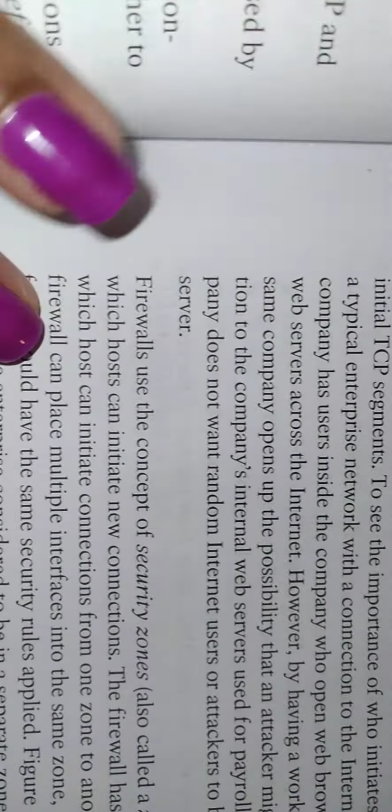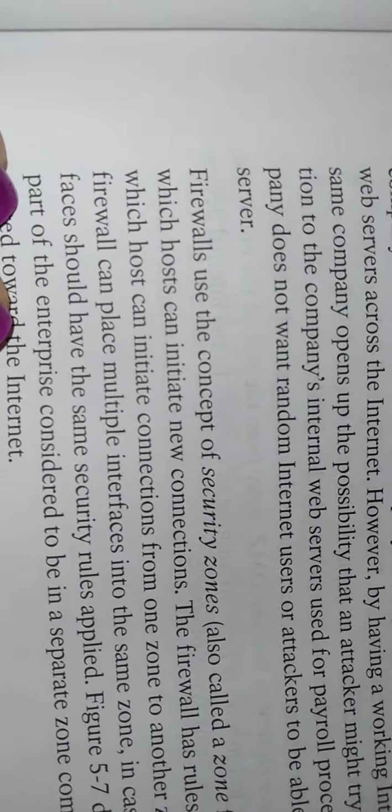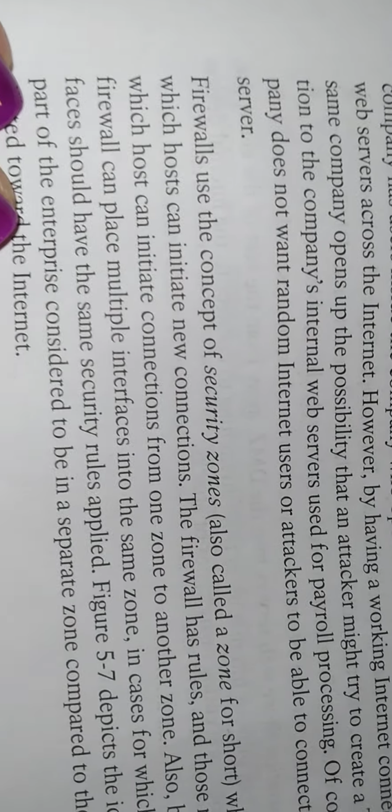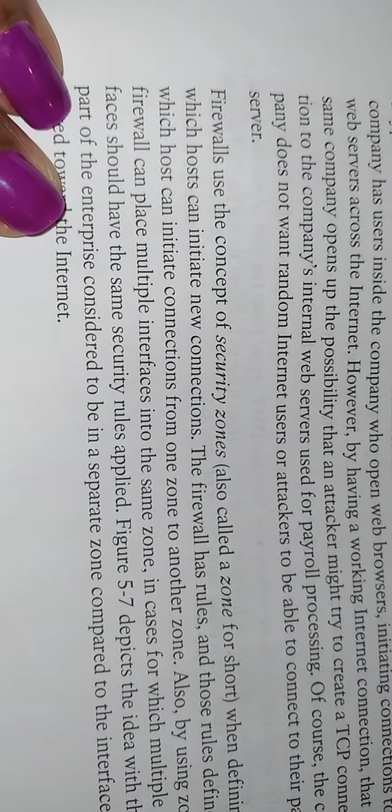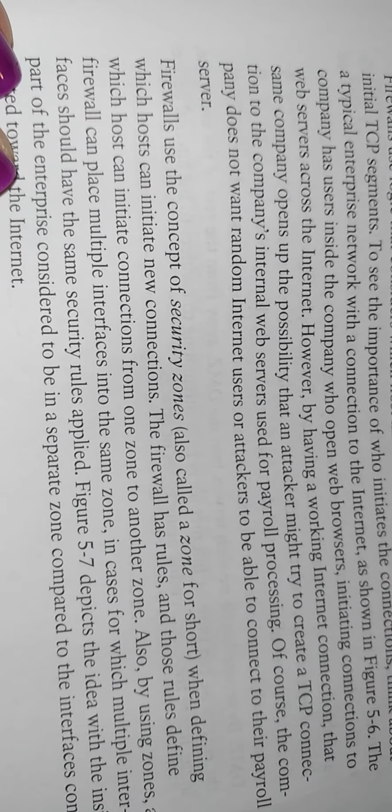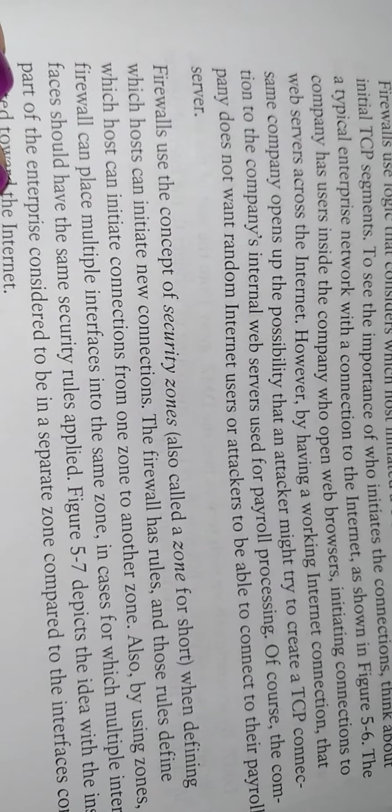To see the importance of who initiates the connection, think about a typical enterprise network with a connection to the internet, as shown in figure 5.6. Firewalls use the concept of security zones, also called a zone for short, when defining which host can initiate new connections.